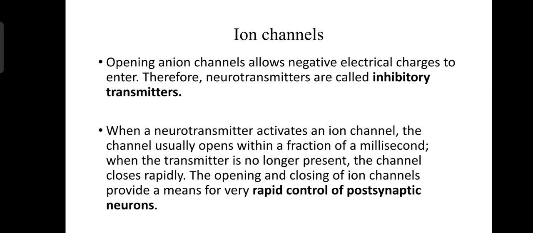In general, neurotransmitters that activate cation channels are called excitatory neurotransmitters, whereas those activating anion channels result in inhibitory neurotransmitters. The opening and closure of these ion channels is very quick, so there is a quick action of these transmitters.